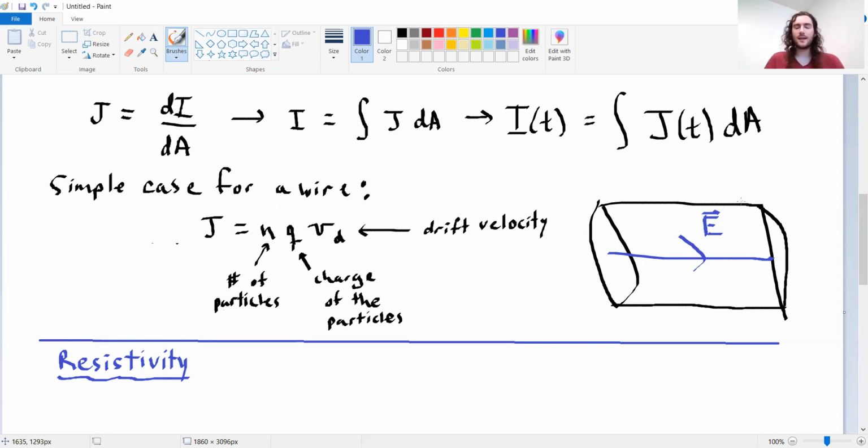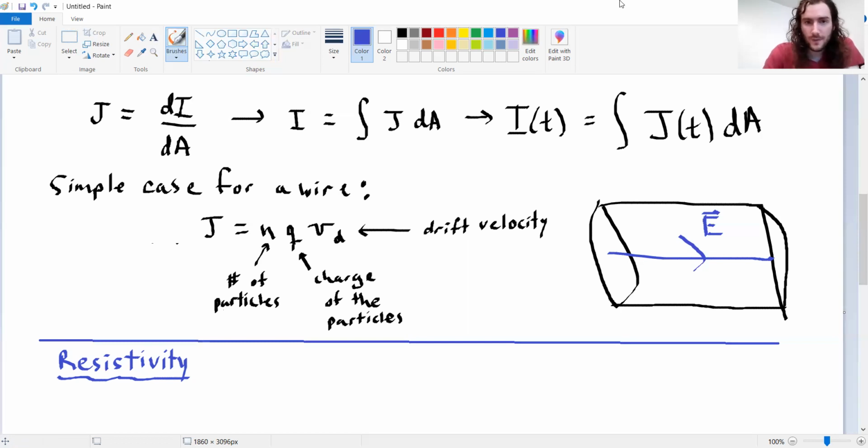Certainly classically, we would expect charged particles to experience a force if they're positively charged in the same direction as the electric field, if they're negatively charged in the opposite direction. But quantum mechanically, we would expect no such thing to occur.